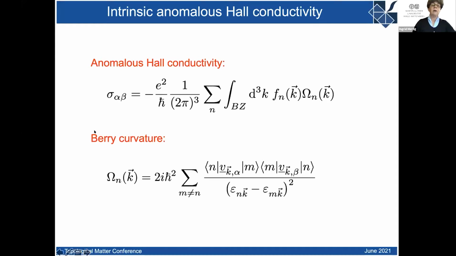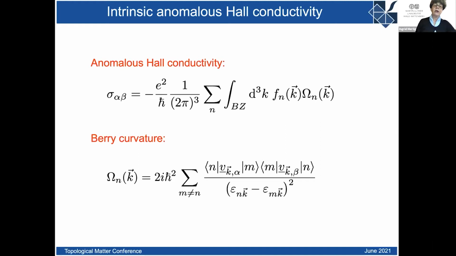And this is the anomalous Hall conductivity, which is here given by an integral over the Fermi sea, all the occupied states, weighted with the Berry curvature. And here we have the quantum of conductance, e squared over h bar. And so all states contribute to the conductivity.